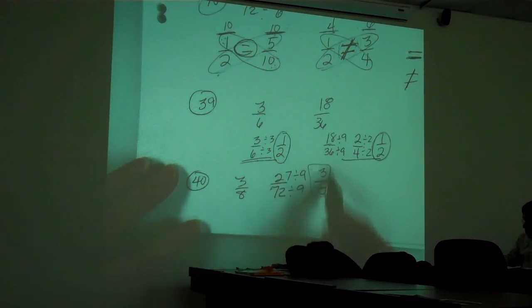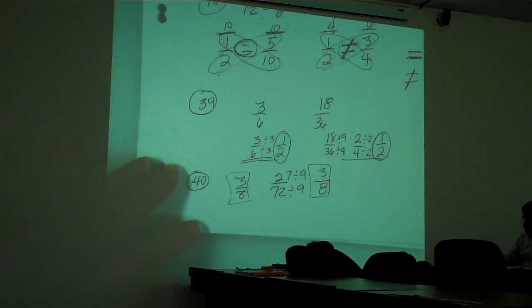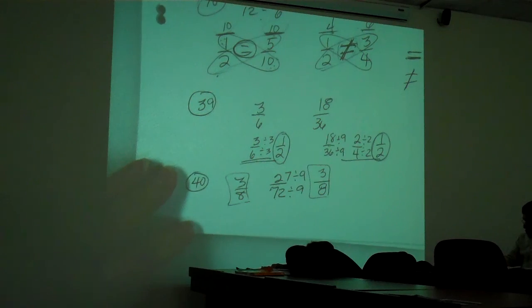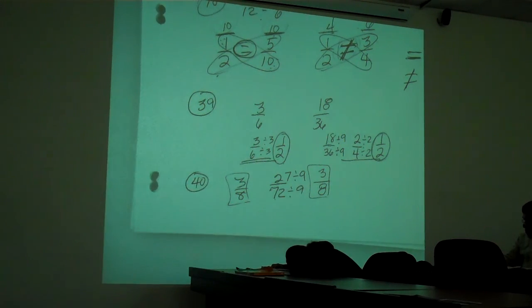See how this reduced to the same fraction as that? Oh, wow. And the 38, we don't do anything to it? Yes, I mean 3/8, it won't reduce. Okay, yeah.